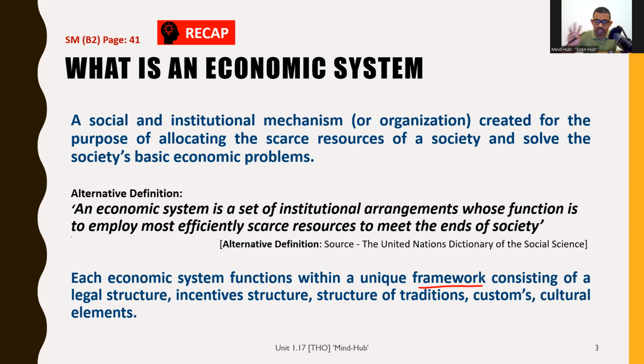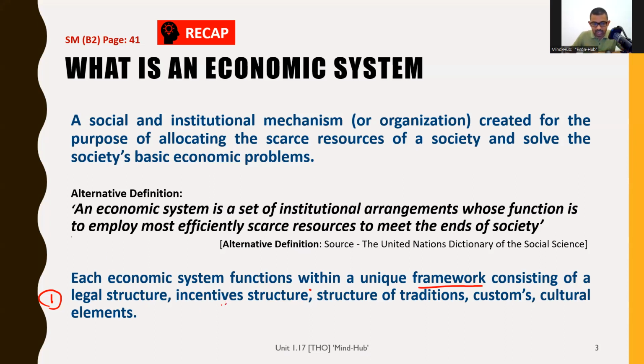Three main things are there. What are these three things? First, number one, there is always a legal structure. Every country, every economic system has a certain legal structure within which the different institutions operate. Then every economic system in the world has what we call a certain incentive structure.